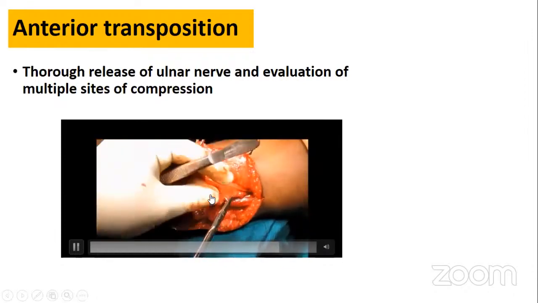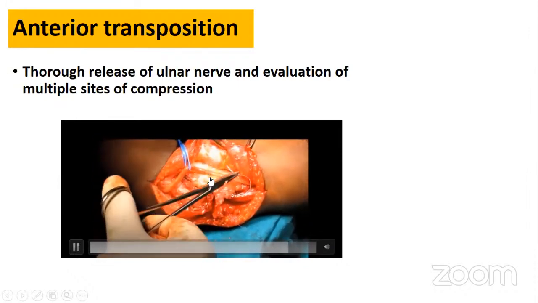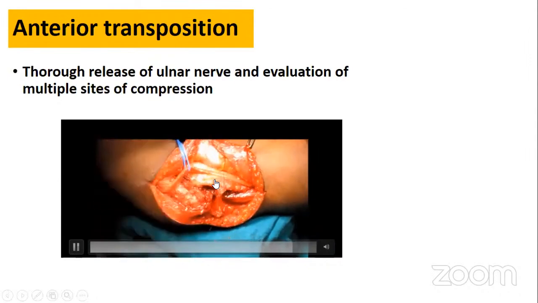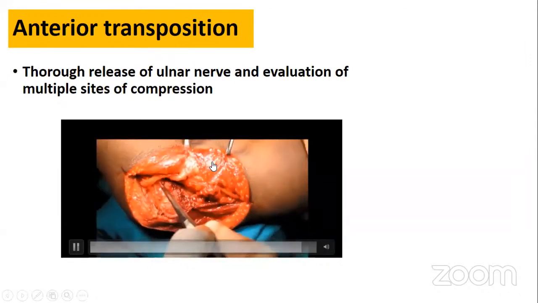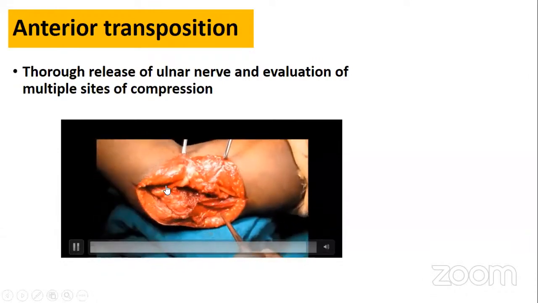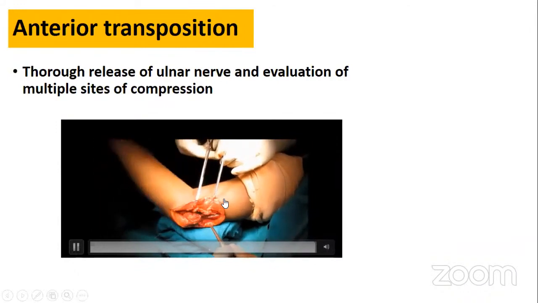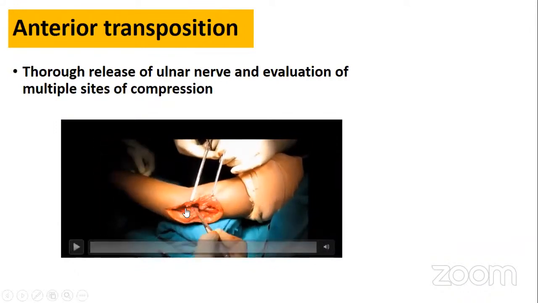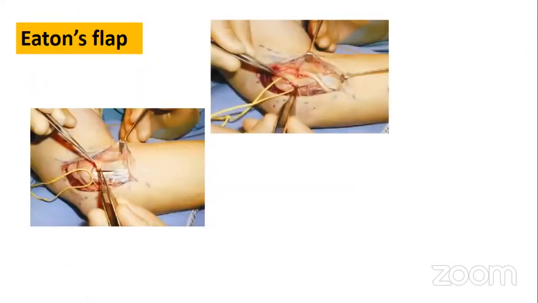You just take a couple of sutures in a horizontal mattress kind of fashion here, and then keep it there, and then check after you have transposed. Check like this so that it's quite lax as you keep moving, flexion and extension. It should be quite lax. It should not be tethering anywhere. If you see, I've used a sterile tourniquet there so that I can get a longer space for my incision.